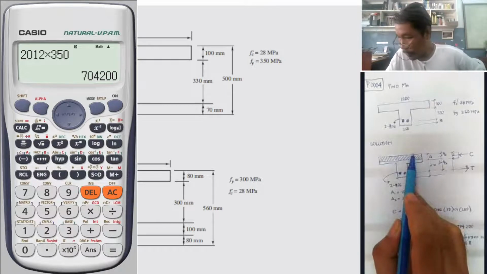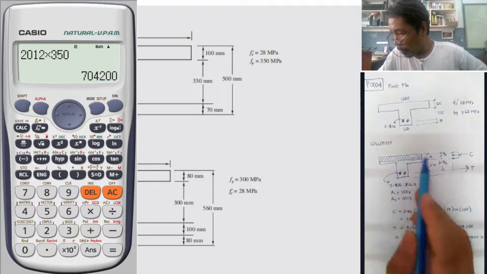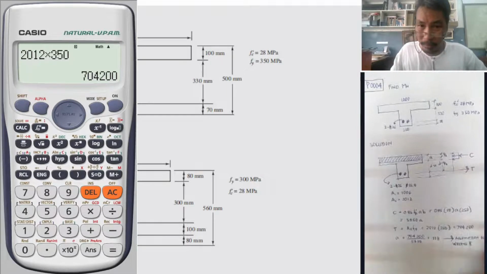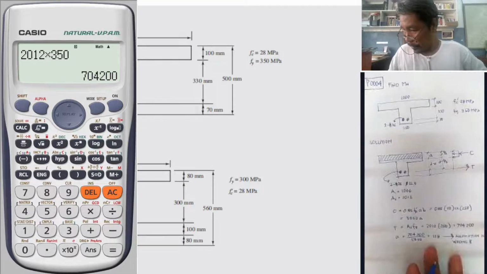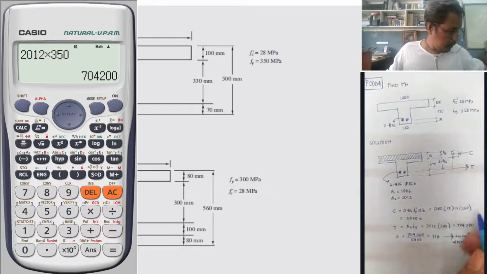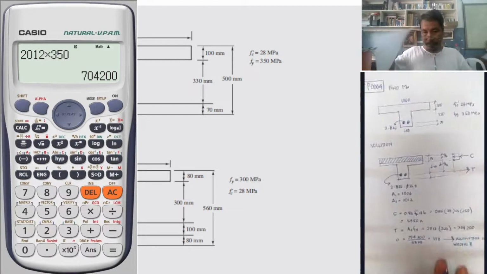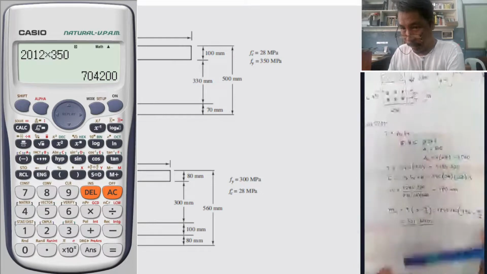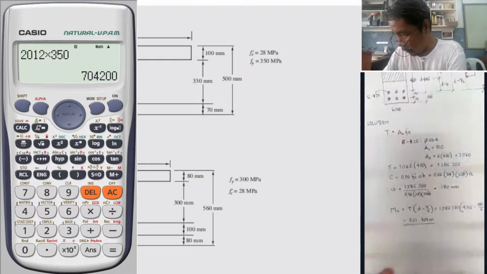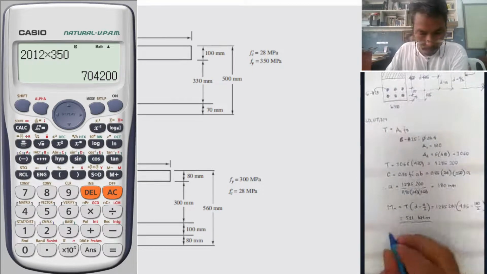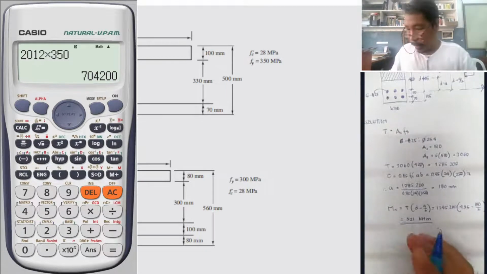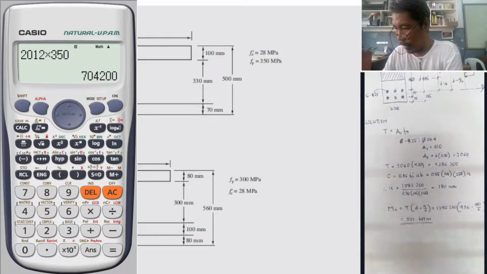Correct? The correct b must be... okay, so we found out the error. We have to use 1,200 here.